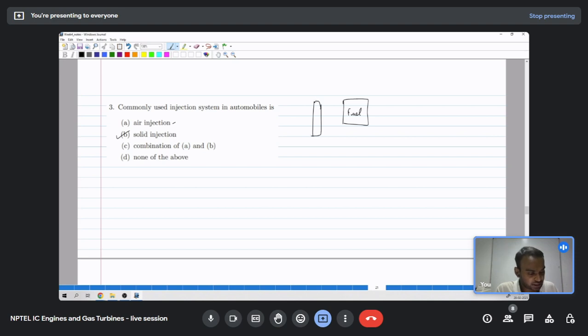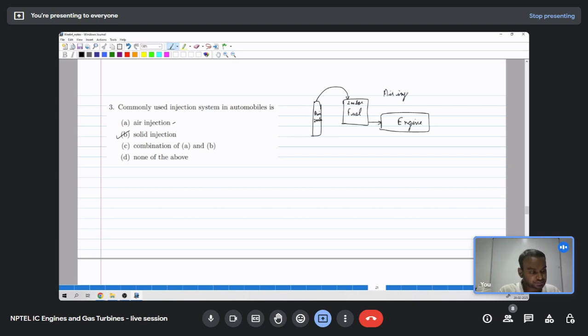This can be from an air tank or a compressor which is working along with the engine to pressurize, and then we put it in the container with the fuel, and from here we give it to the engine. So here the fuel is pressurized to say 200 bar or whatever using the pressurized air tank. So this is called air injection.